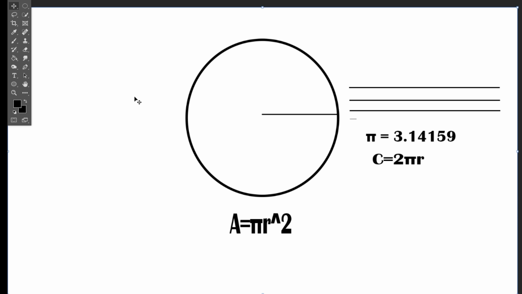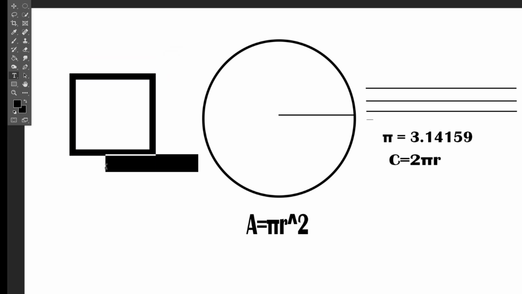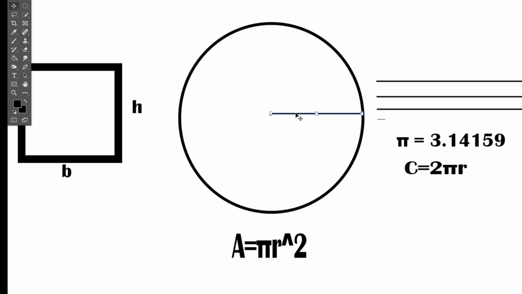You might remember from different classes that the area of a rectangle is equal to its base times its height, right? So if this formula tells us to take the radius and multiply it by itself, in other words, we square it, that means we are creating a square out of that radius, okay?